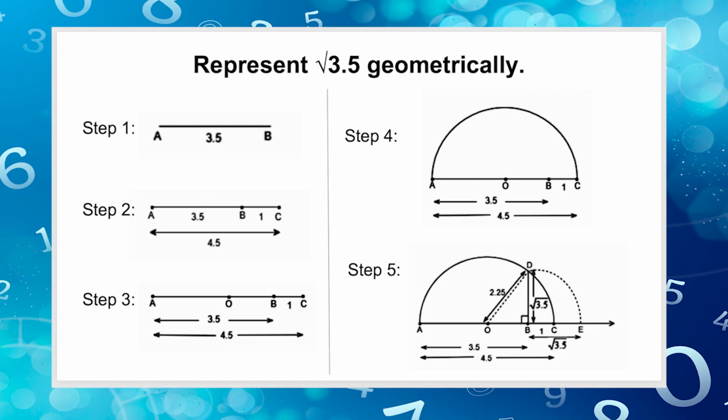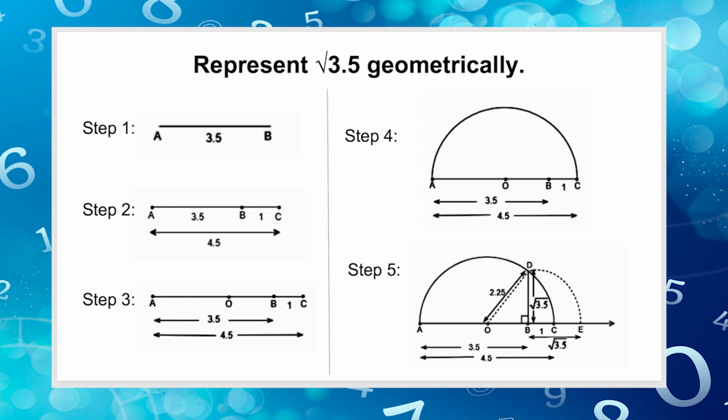Now, students, quickly move on to the next topic of today's session, that is representation of root n for any given positive real number n geometrically. To understand this, let us find it for n equals 3.5.